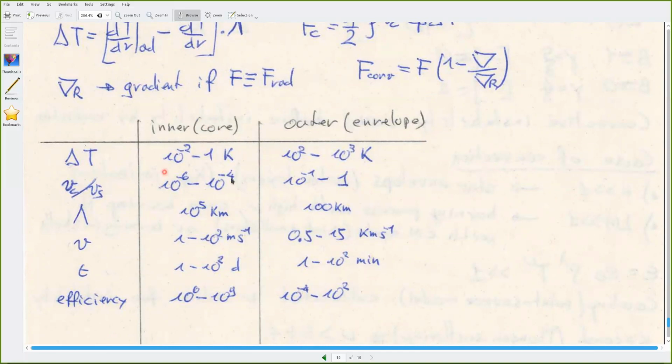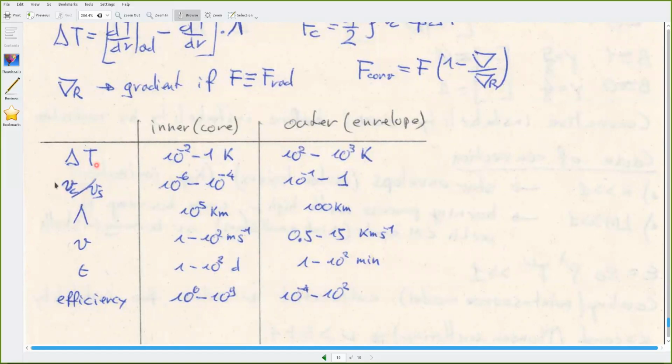The difference in temperature inside is really small, just 1 Kelvin, but it's good enough to transfer energy. Outside you definitely have a bigger difference, because it's not so effective. As we saw below, it is 100, 1000 Kelvin between the upper part and lower part of the convection.